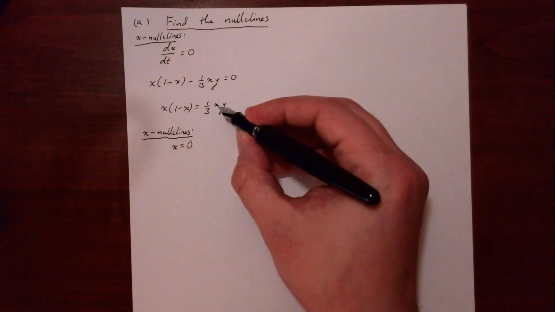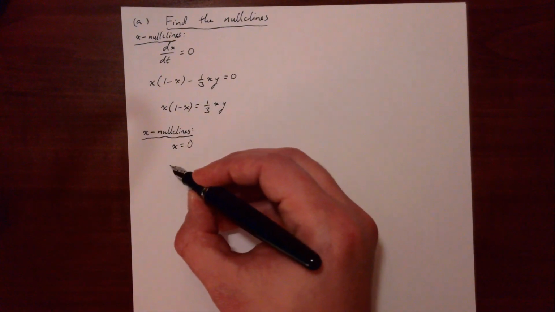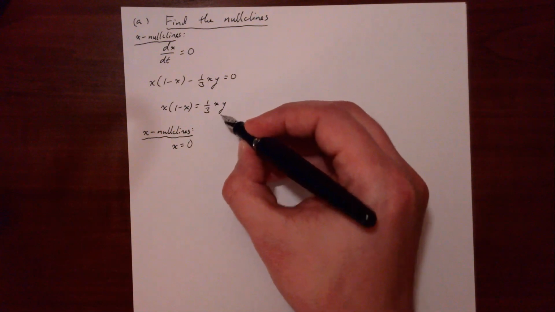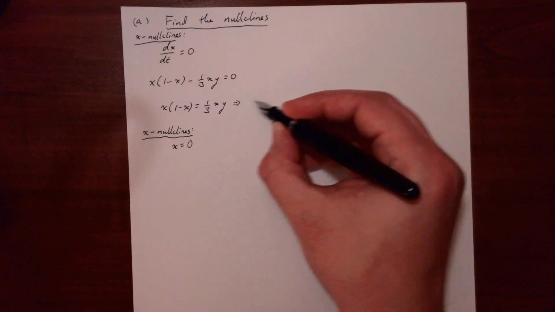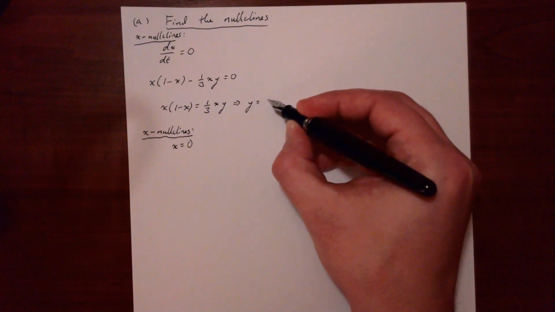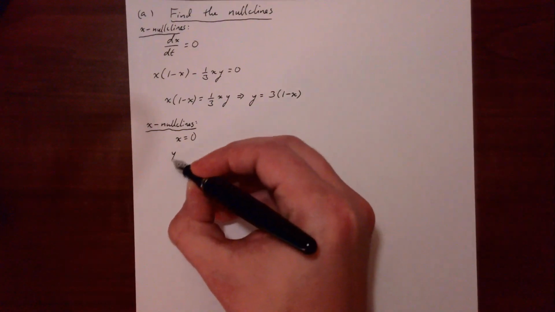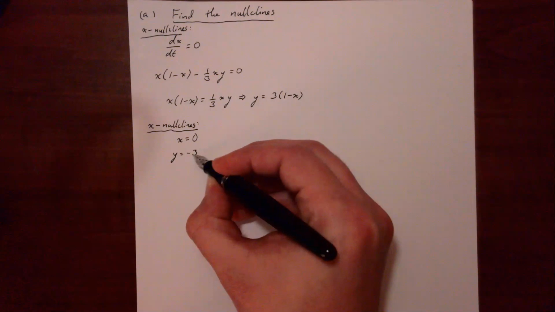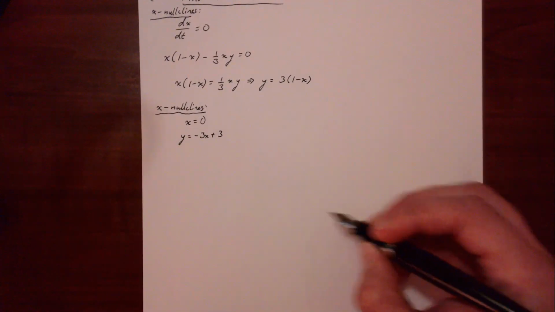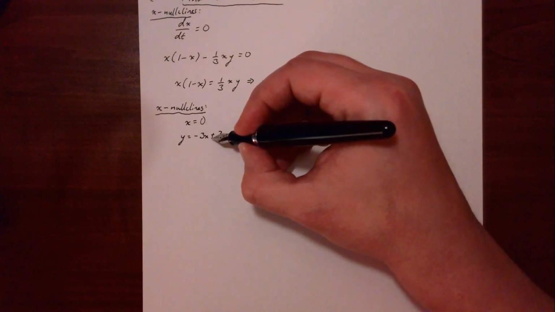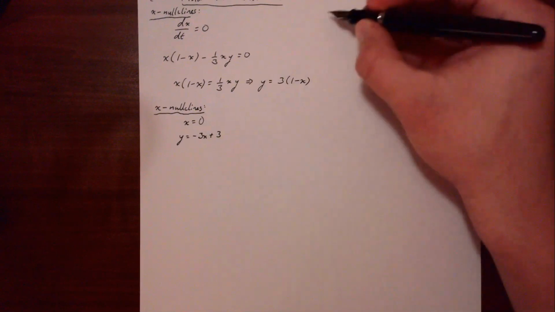And then as for the other one, if x is not equal to 0, then I can divide both sides by x, multiply both sides by 3, and then that would be y equals 3 times (1 minus x). So in other words, y equals negative 3x plus 3. So okay, we've got a straight line that has this slope and this y-intercept, and we've got a vertical line at x equals 0.